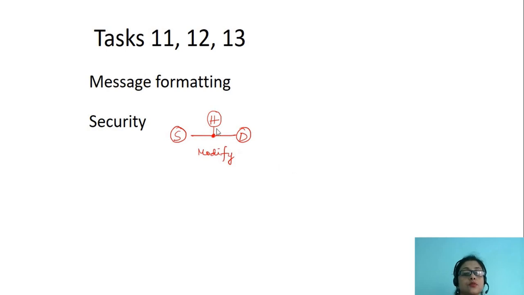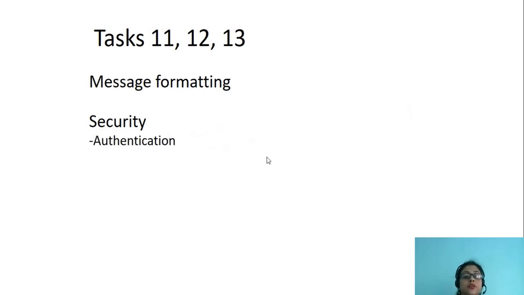So the data will be changed during the course of transmission. So proper security measures should be taken so that the data is not modified or we have a secure data transmission. In this case, the security measure that is taken is authentication.